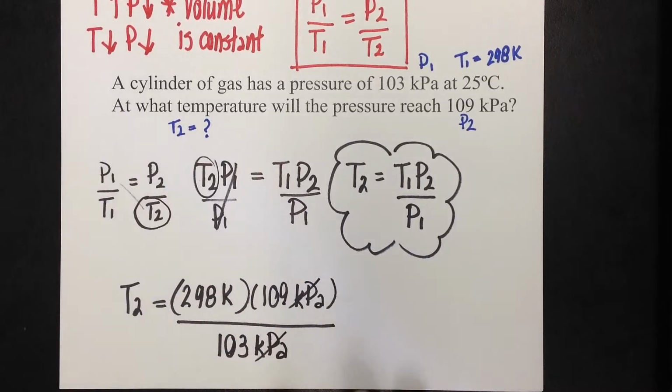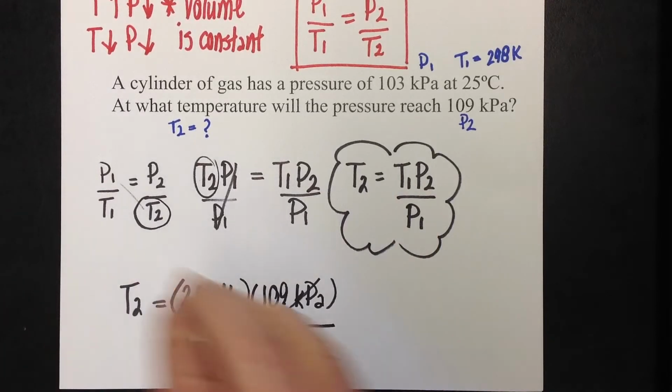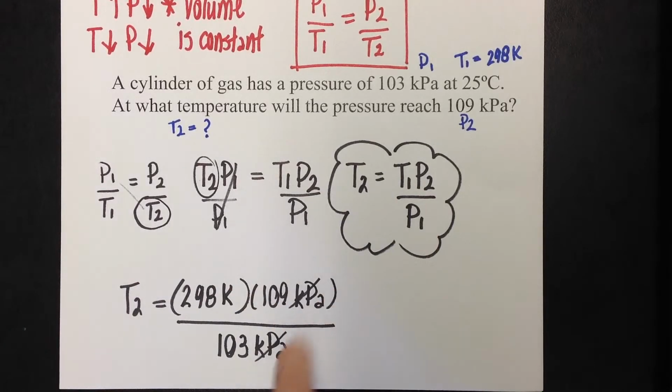Kilopascals cancel. Again, I can't say this enough: I love plugging everything in where it goes, because if I plug in earlier, that's okay, and a lot of people are really good at that, but then I'm moving numbers and units. If I get it set up, I can just put everything exactly where it goes, I can cancel out very easily, and I can see what cancels. I'm left with Kelvin. That's a good thing because I am solving for a temperature.